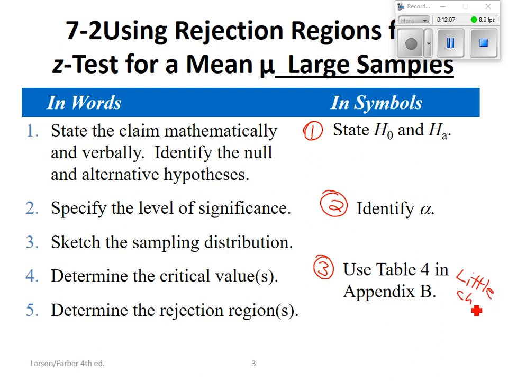I have to go back and check that I didn't screw up, but I think everyone, check chart on test. I'll do that here in a second. I think for everyone I put on there 1%, 5%, or 10%, so you can just use that little chart on the front page. Number 5, determine the rejection regions.